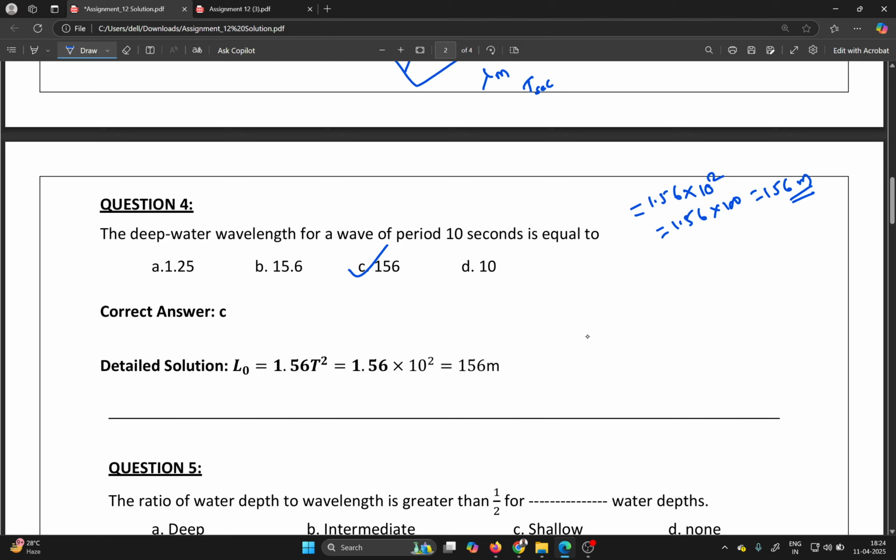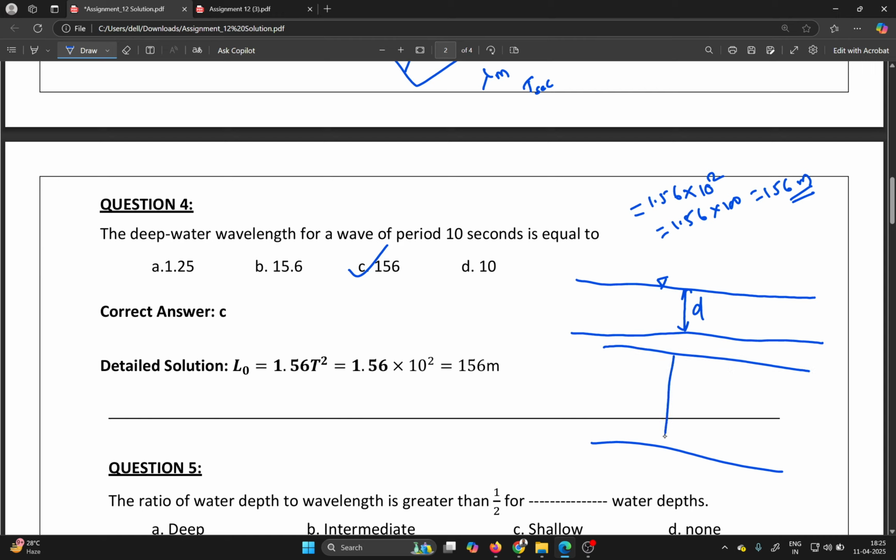So, water depth. Let us suppose one channel is there and here is the water depth, this much, D, and another channel and water is this much. This is deep and this is your shallow, and in between you can just think the intermediate.